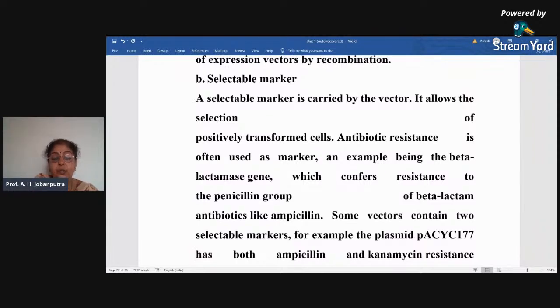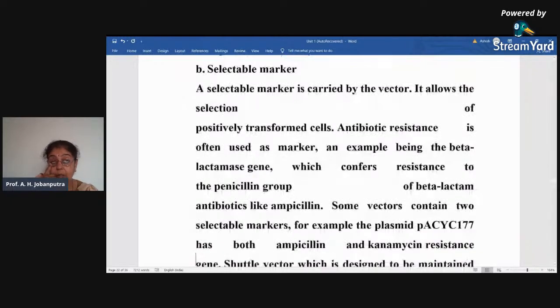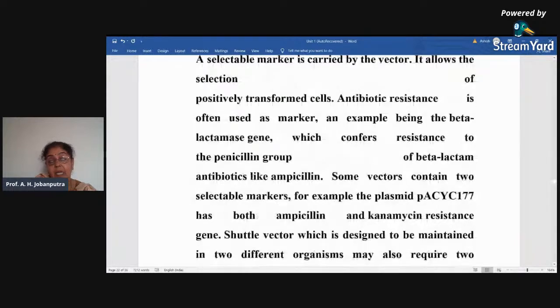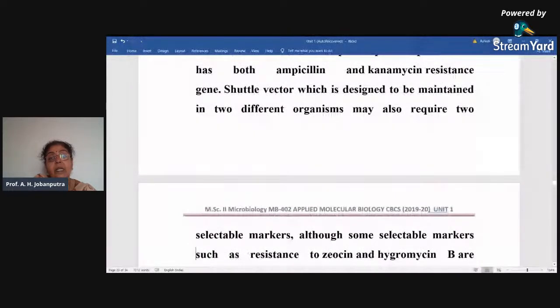In the vectors there should be two selectable markers for antibiotic resistance: one for detection and one for cutting and inserting the gene of interest. Shuttle vectors have been designed. So these vectors can be used in two different organisms.